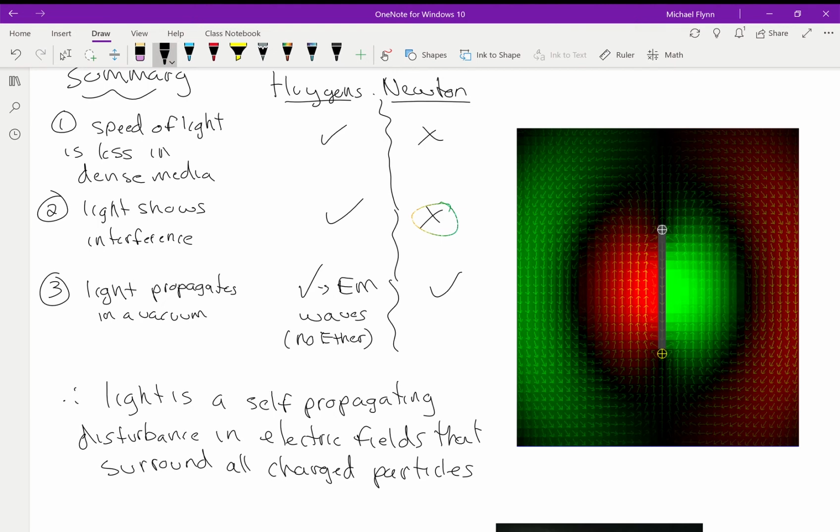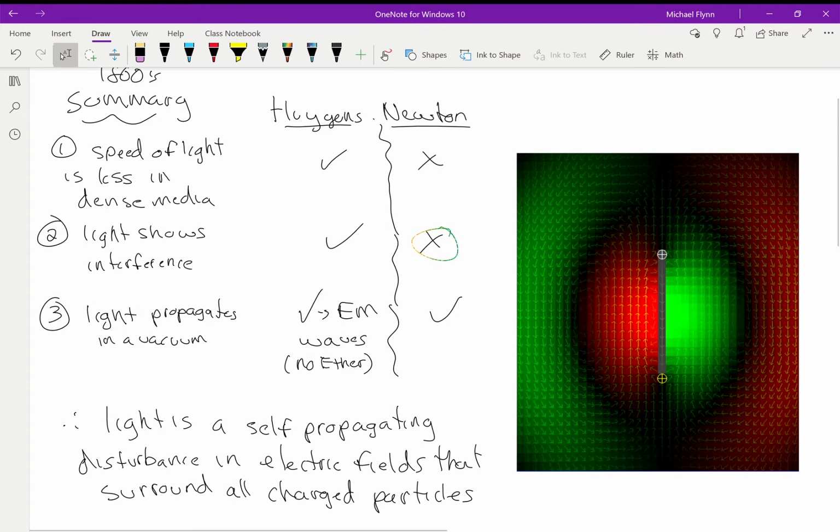Okay, now not getting into the precise details. That's like a second-year university course of the whole electromagnetic wave model. But they figured a bunch of things out.